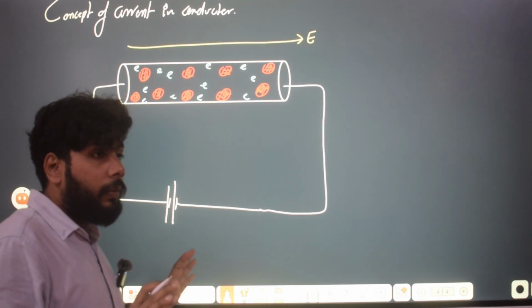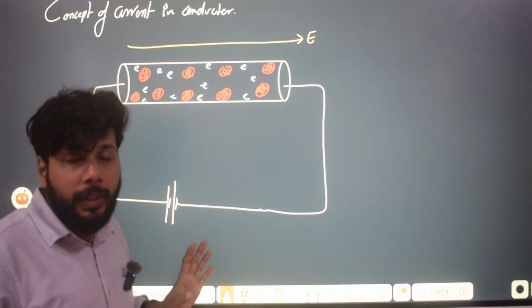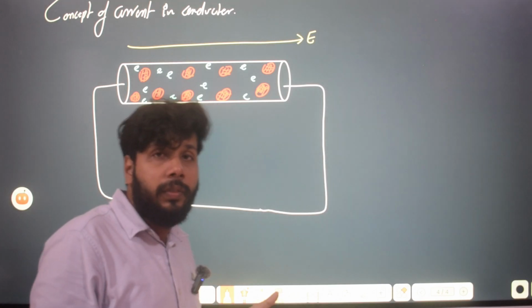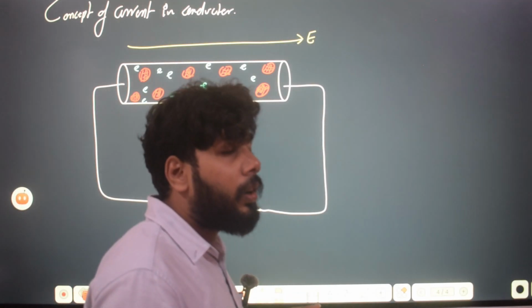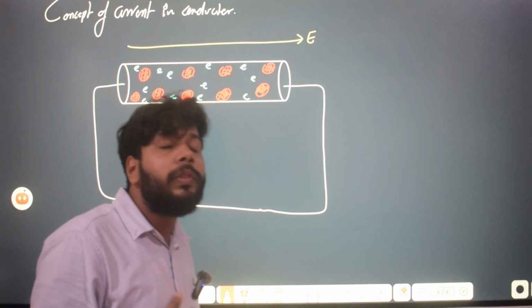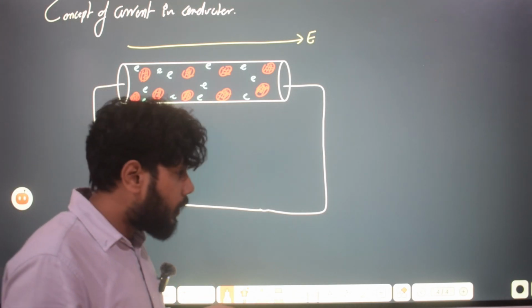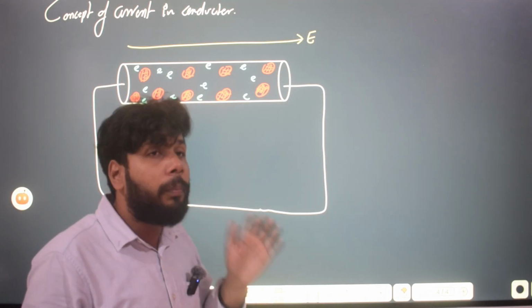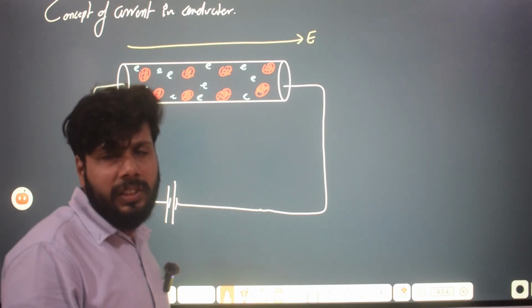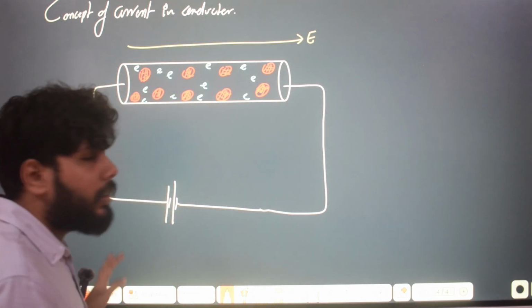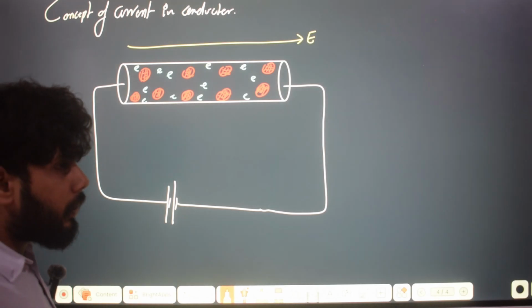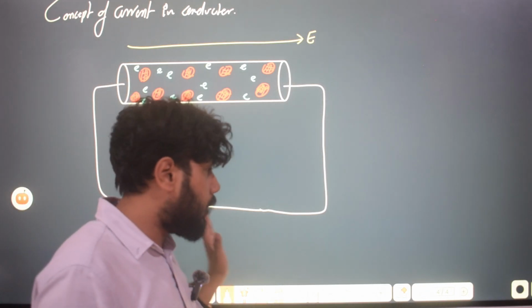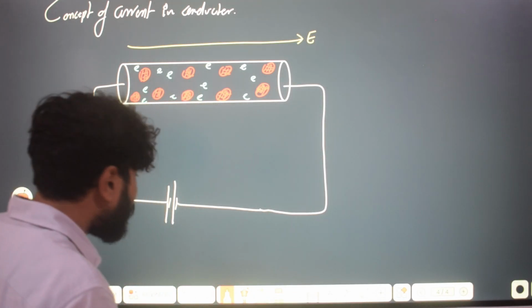I'm giving you a very broad analogy, but if you study more comprehensive physics in upcoming classes or maybe in your graduation, you will realize far more than this, right? The concept is far more complex than this, but for this standard you can think of it the same way: the battery will push electrons from one end and throw them out from the other end.